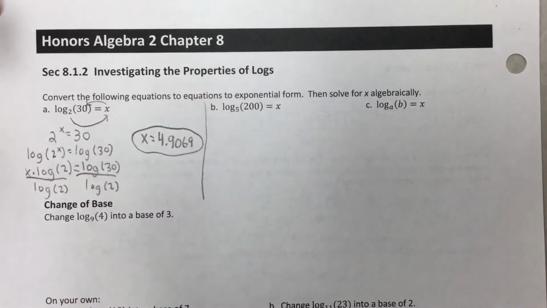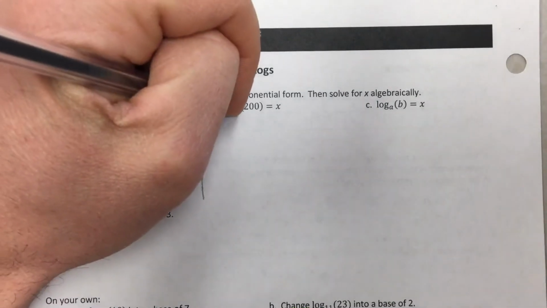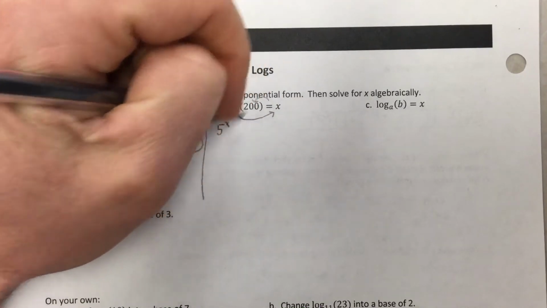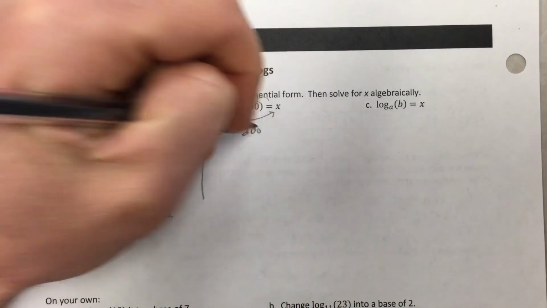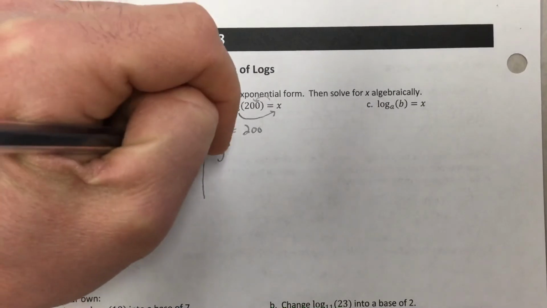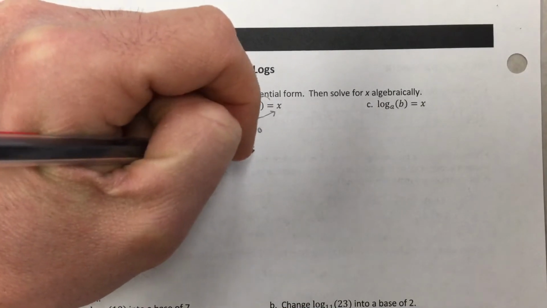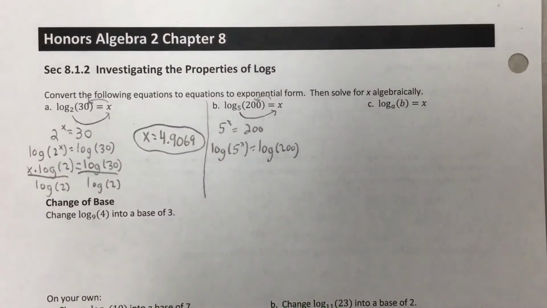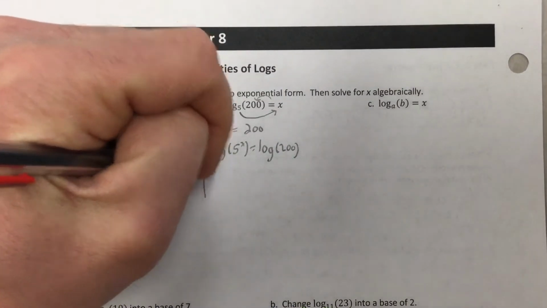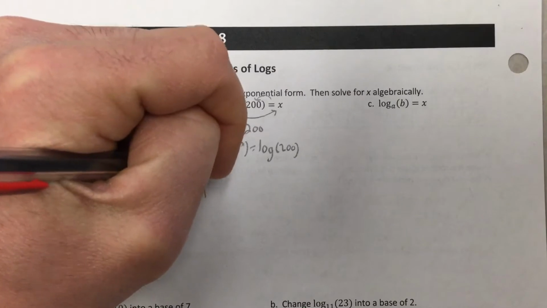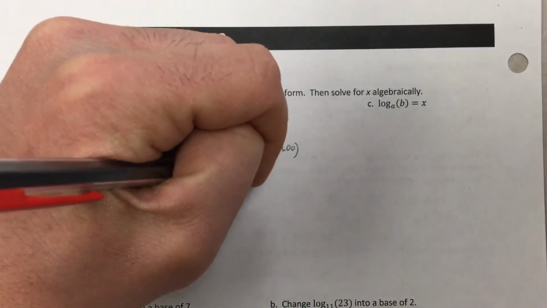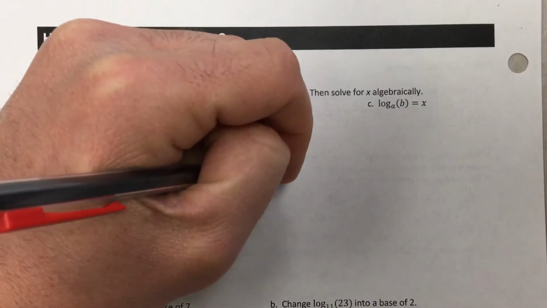All right, same idea with part B. I'd have 5 to the x equals 200. I'll take the log of both sides, and then I'm going to use the power property, move that x in front. So I have x times log of 5 equals log of 200.